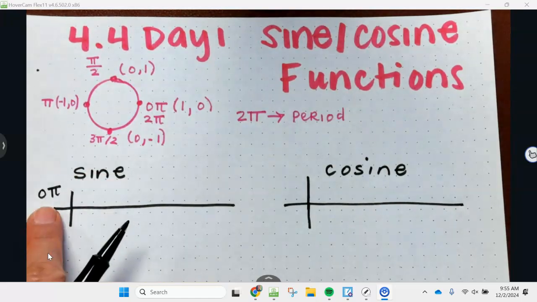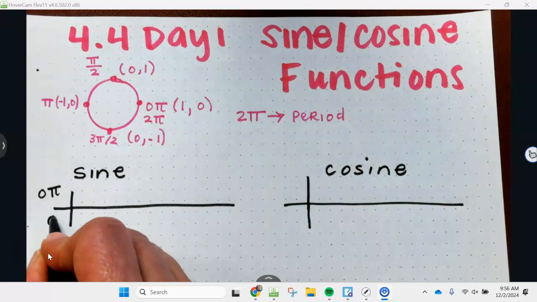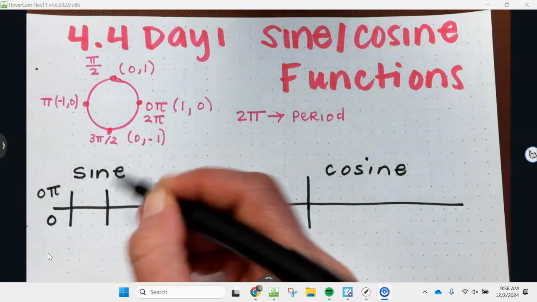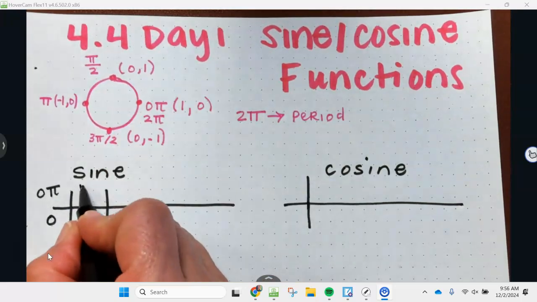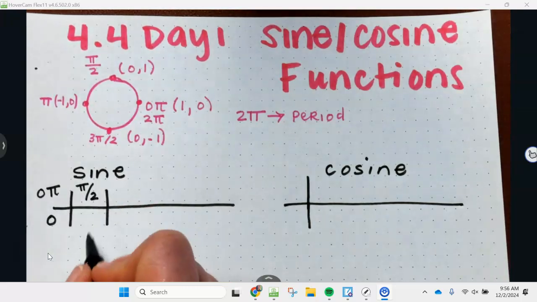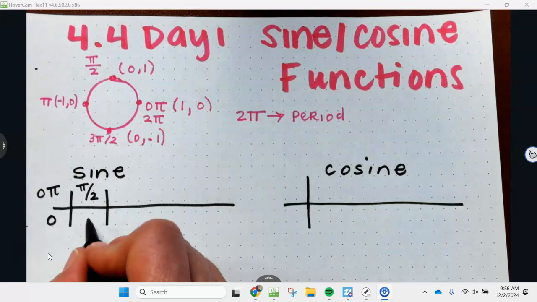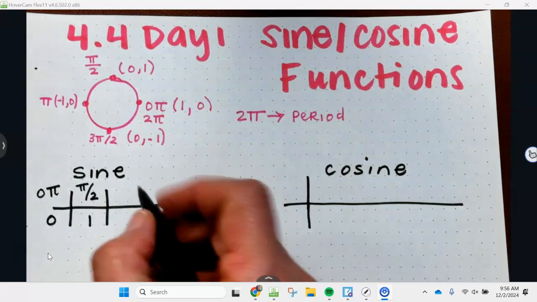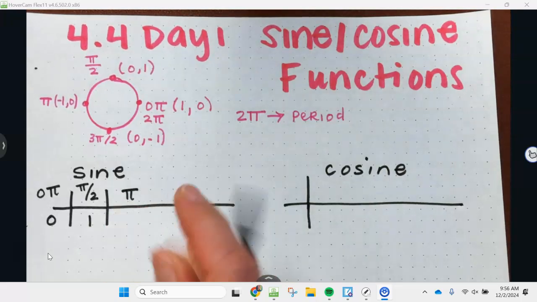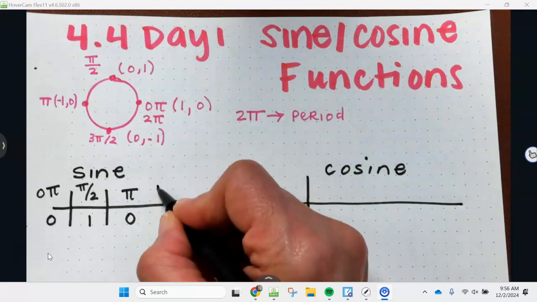We're going to start at 0 pi. The sine value for 0 pi is 0. Let's look at the top of the unit circle, pi over 2. What's the sine value at the top? And then the left side of the unit circle is, of course, just 0 for sine.